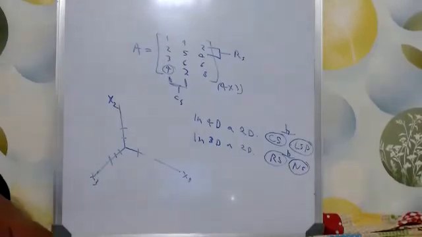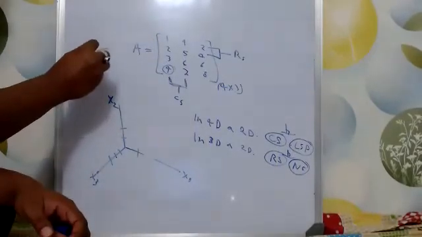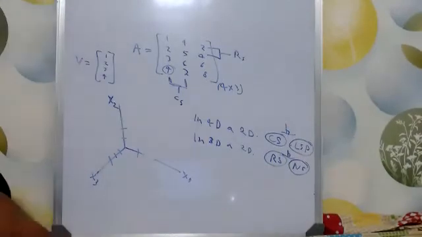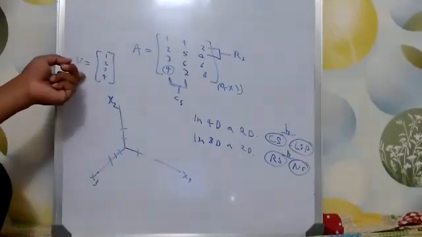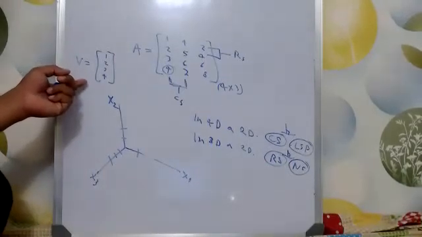Do you understand or not? This is the vector: 1, 2, 3 and 4. Where can you draw this vector, in a 4D or a 3D? 4D.